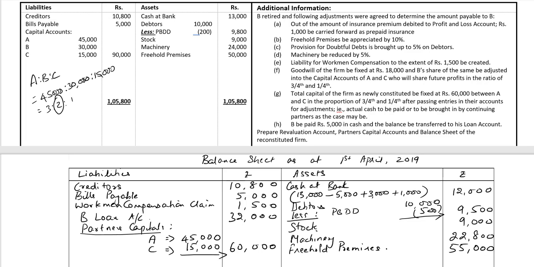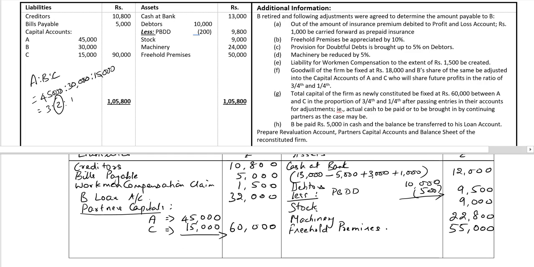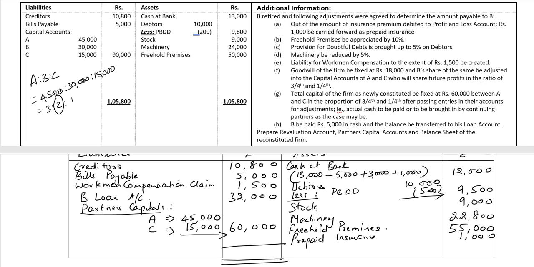And the first point A, out of the amount of insurance premium debited to P&L account, the amount carried forward as prepaid insurance is rupees 1,000. So that was an unrecorded asset. So prepaid insurance 1,000 rupees. Let's check if the balance sheet tallies.